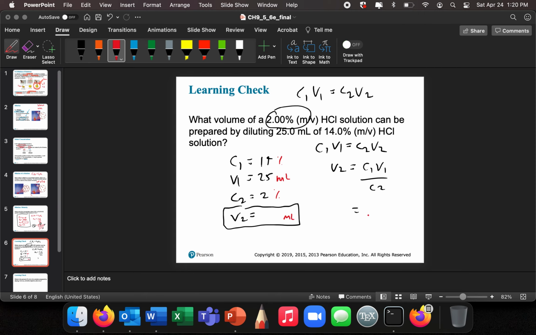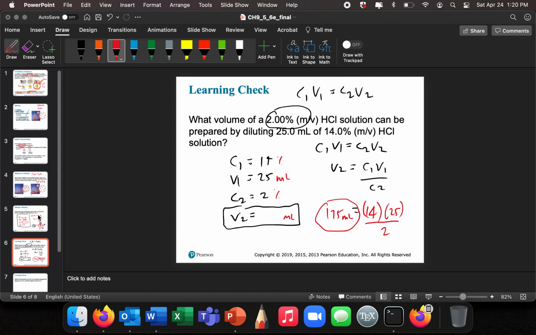Okay, so C1 is 14. V1 is 25. And C2 is 2. 14 divided by 2 is 7. 7 times 25 is 175. 175 mils, and there is my answer.